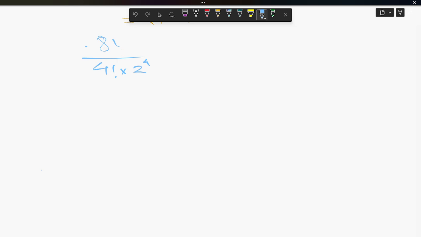Thus, we get 8 factorial over 4 factorial into 2 to the power 4, that is 8 into 7 into 6 into 5 over 2 into 2 into 2 into 2. Things cancel out, and we get only 105.